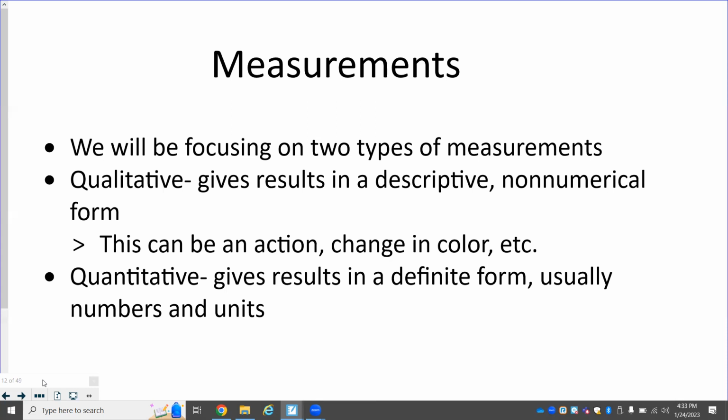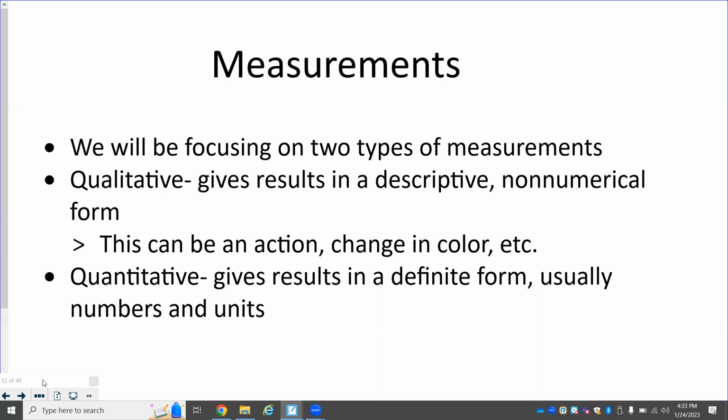And then measurements can also be quantitative. These give results in a definite form. So these are going to be number based, and they often have a unit with them. If we were measuring a volume change that occurs, we would say maybe it increased by 5 milliliters or something like that.